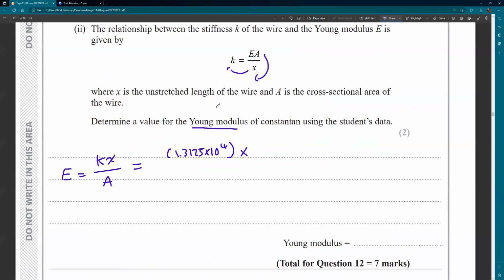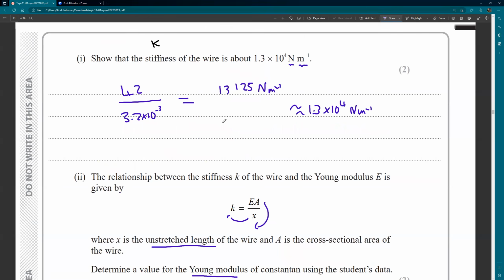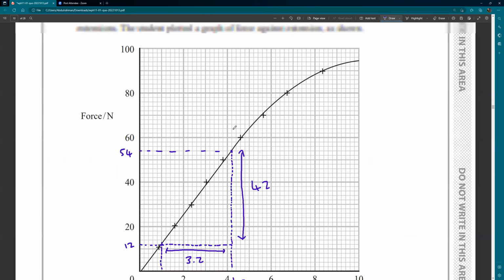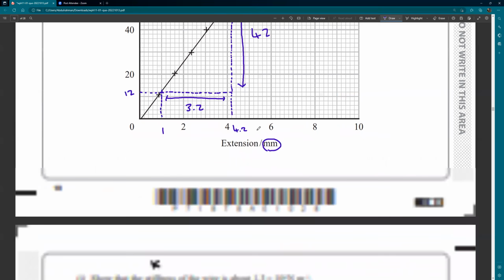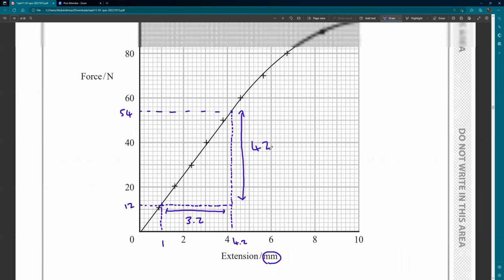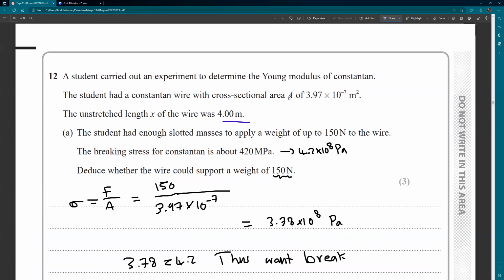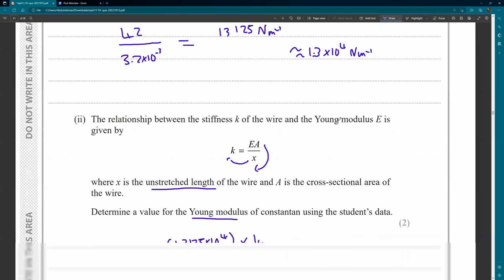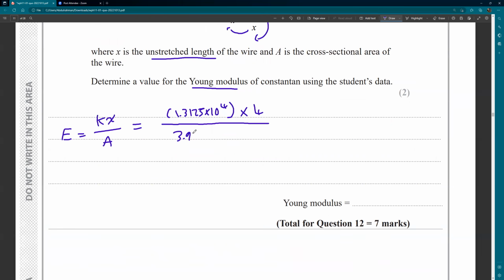Multiplied by x, which is just the unstretched length, which I believe was given previously as 4 meters. So multiplied by 4, divided by the cross-sectional area of the wire, which was also given as 3.97 times 10 to the minus 7. So over 3.97 times 10 to the minus 7. That will give you your Young's modulus.